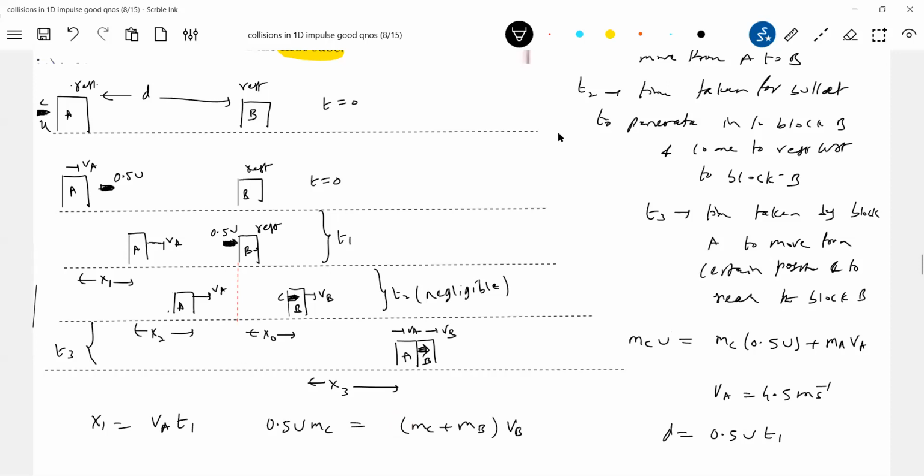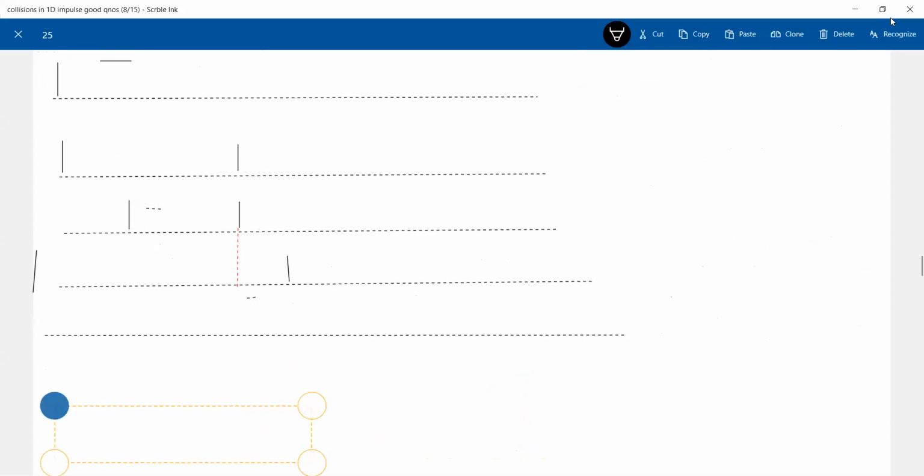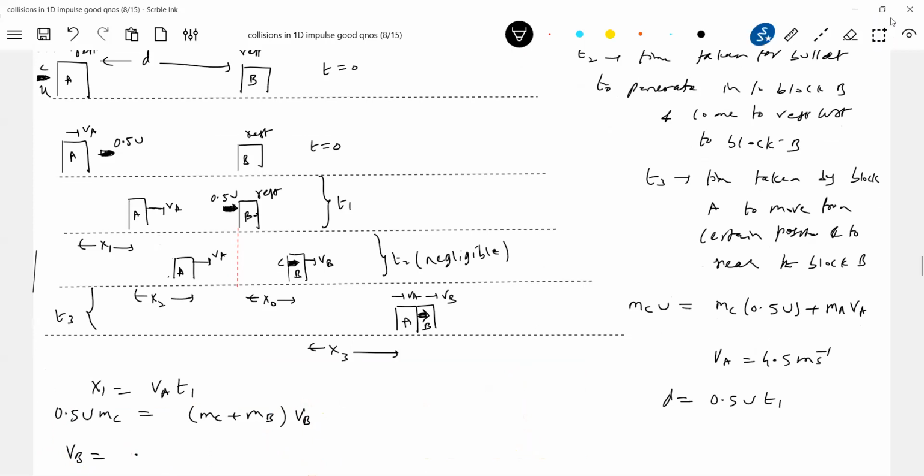I know the mass of the block M C, M B, and 0.5 U. This also, I'll get V B.